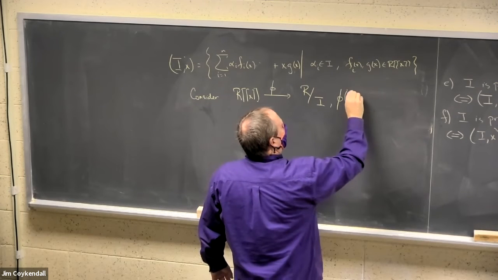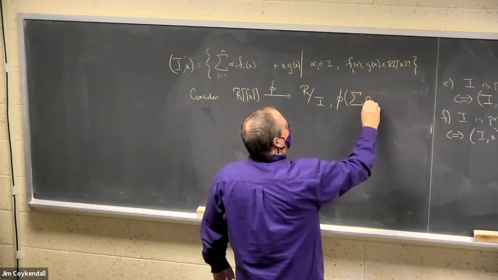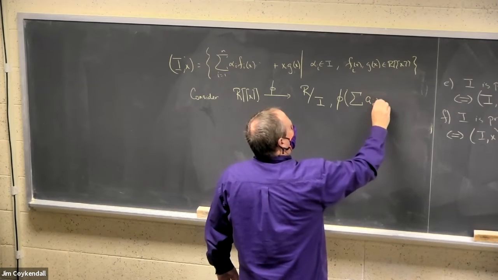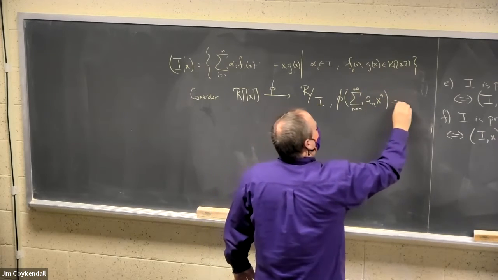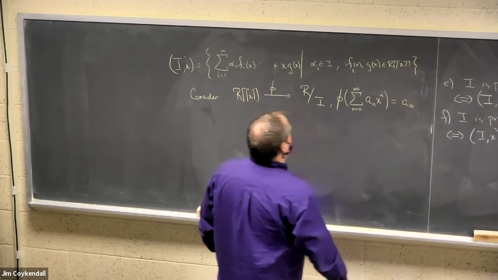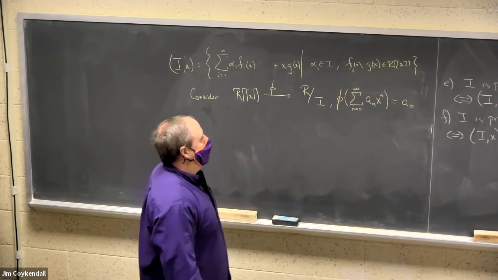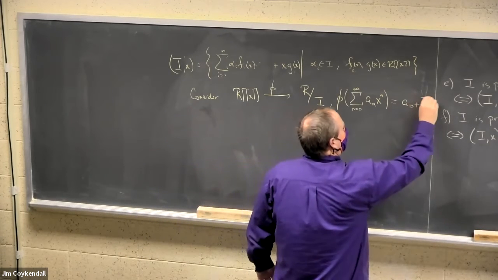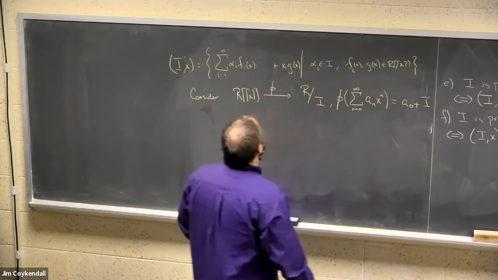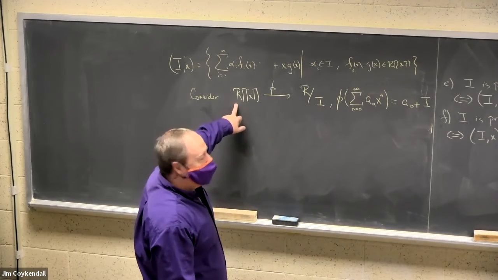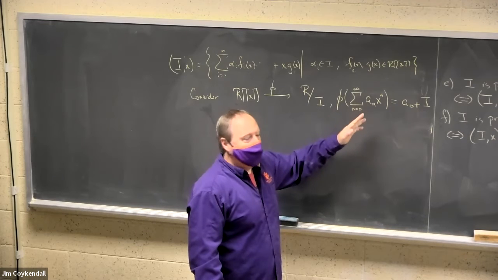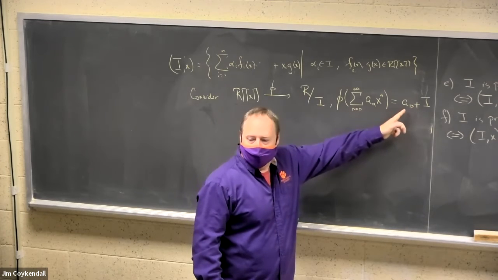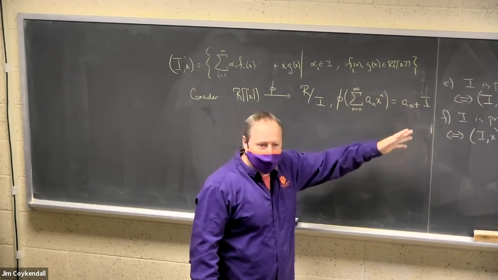I'm going to write this typical thing, the sum of An xn, as being sent to A0 plus I. So here's what this homomorphism does. It takes the power series and it forgets about everything except the constant term, which it reduces mod I. That's it.